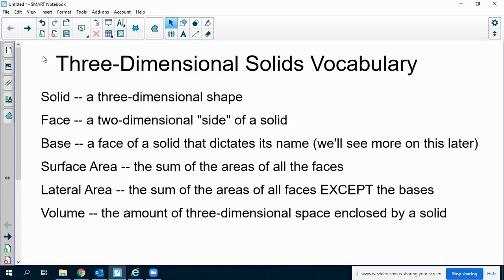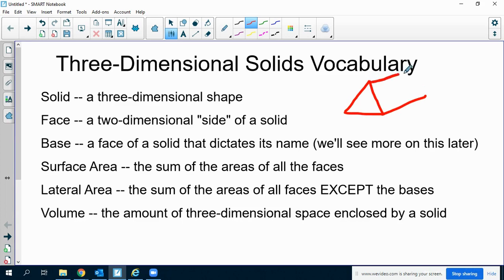on the screen. When we say a solid, we're talking about any three-dimensional shape. The face of a solid is the two-dimensional side of a solid. So if I have, for example, a triangular prism, so a three-dimensional shape that looks like this, any of these would be a face.